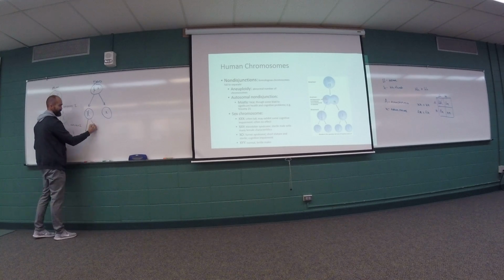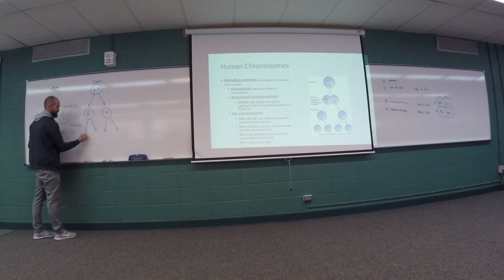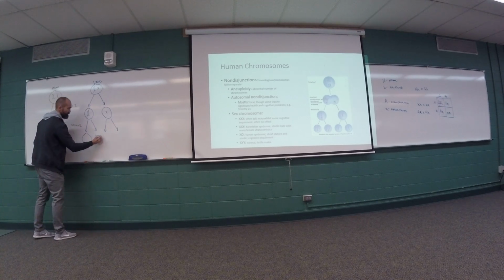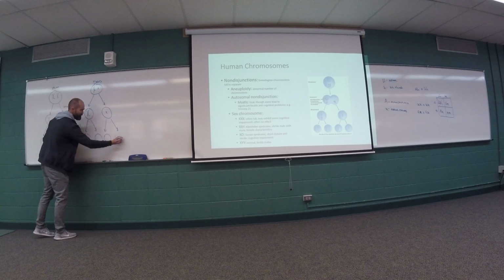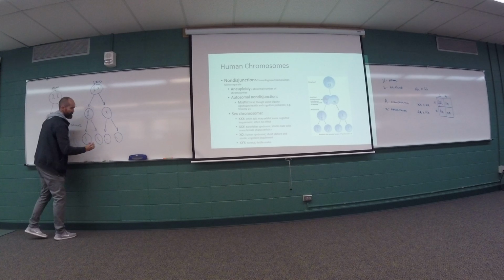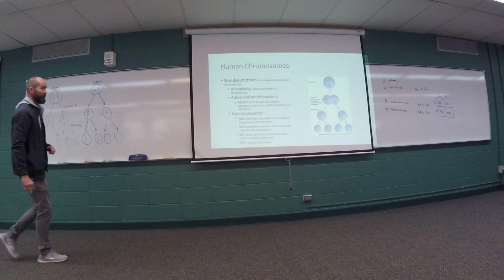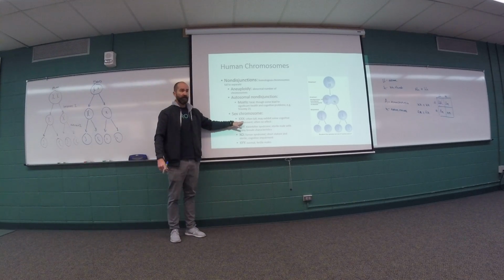And then the same thing for meiosis 2, right? Those sister chromatids are going to segregate, so you get sister chromatids segregating like that. So that's normal meiosis. So let's consider this right here.